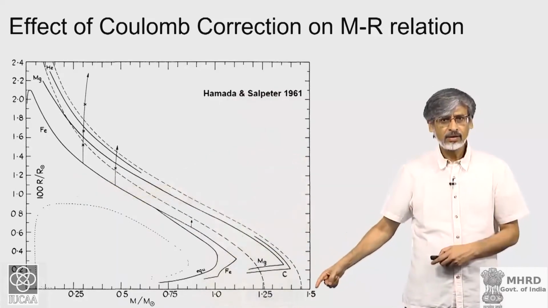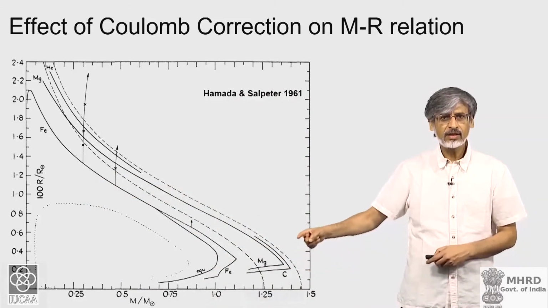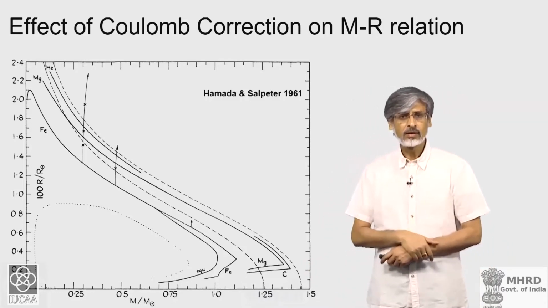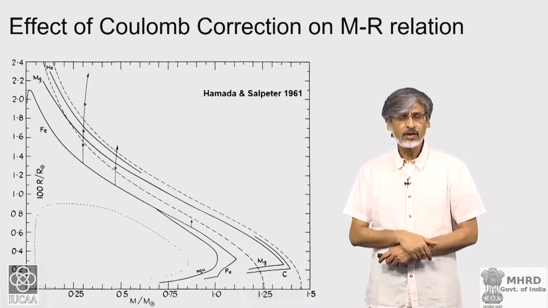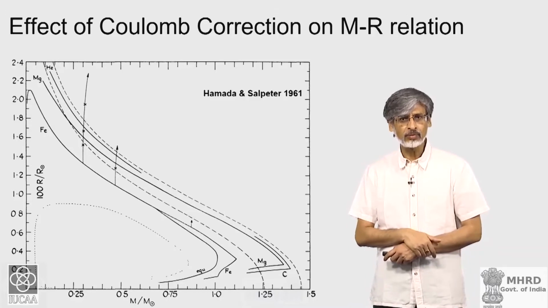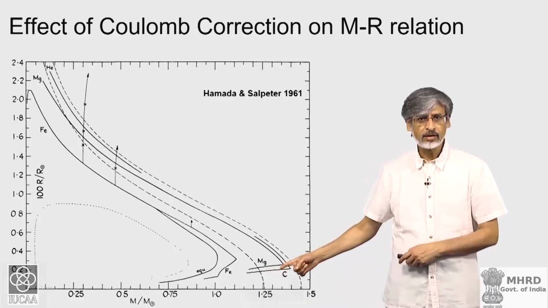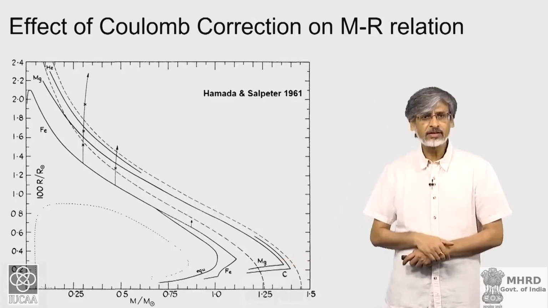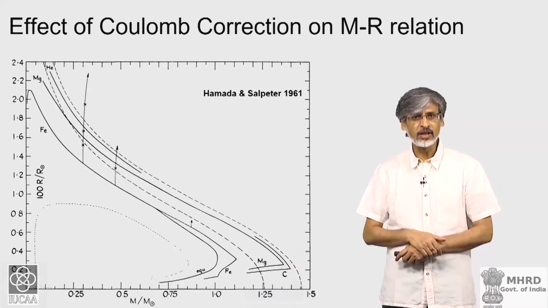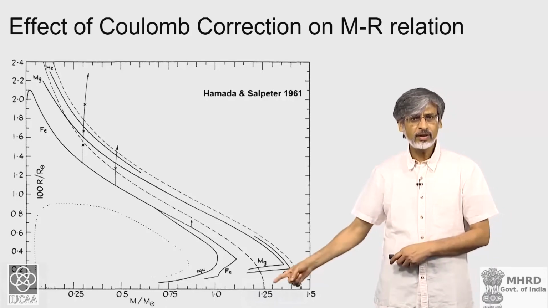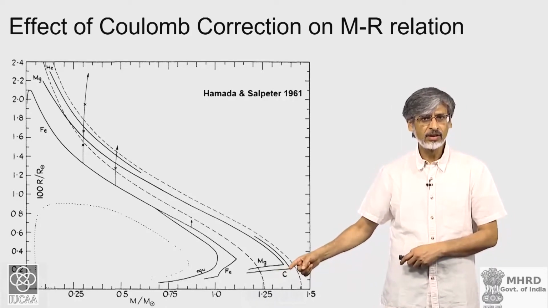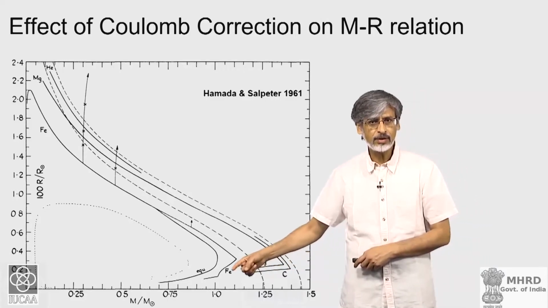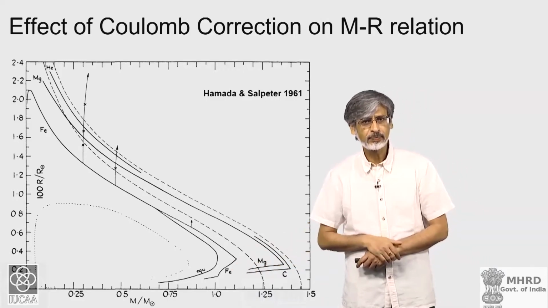The last line here is the mass radius relation with pure degeneracy pressure without Coulomb corrections, and the solid lines show the mass radius relation when Coulomb corrections are included for different compositions. This is for carbon, that is for magnesium, that is for iron, and so on.